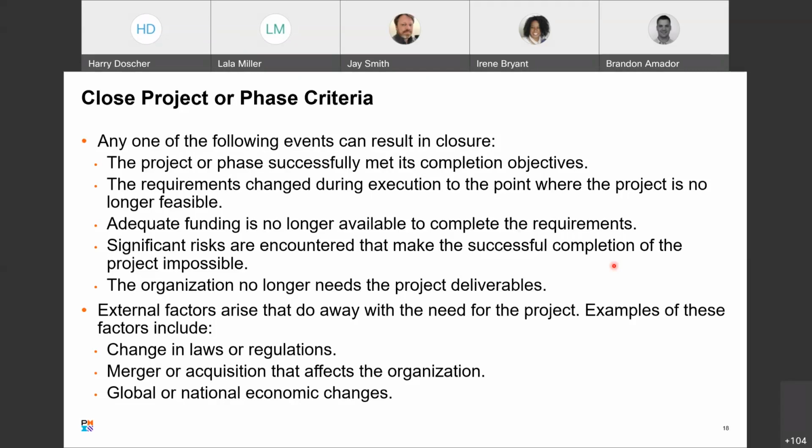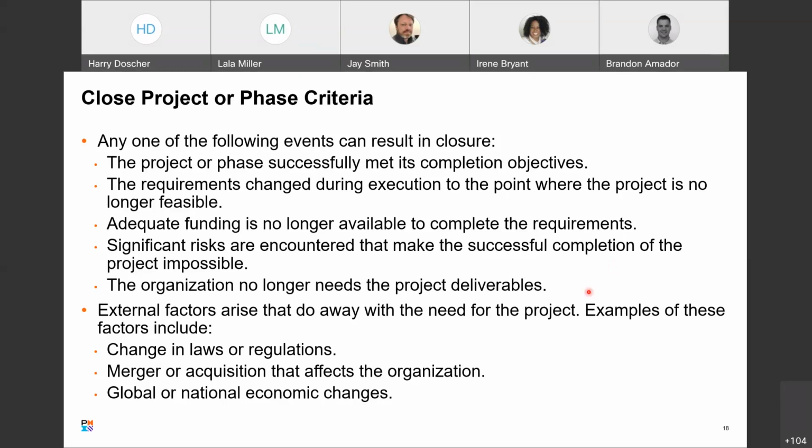If a particular solution is no longer viable because of support questions or end of life things such as that, or it could be that the market has changed at that particular point in time, and it is risky as to whether or not a profit could be made by deploying that project, whether it's software, a railroad, a building, whatever. Okay. Or the organization no longer needs the project deliverables.